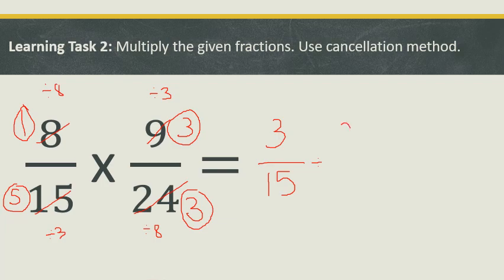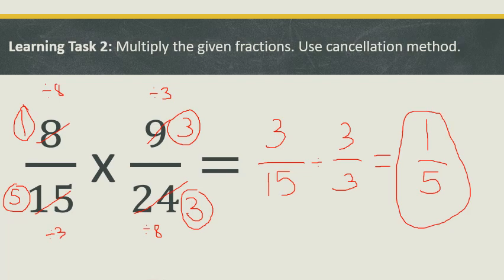Okay, 3. Pwede pa siyang i-divide pareho sa 3. 3 divided by 3 is 1. 15 divided by 3 is 5. Ang final answer natin is 1/5. Okay, ito na po yung ating final answer.